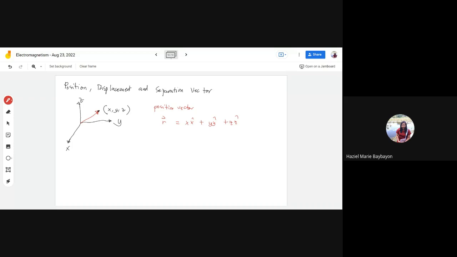Now, we can also define a unit vector r hat in the direction of the position vector.